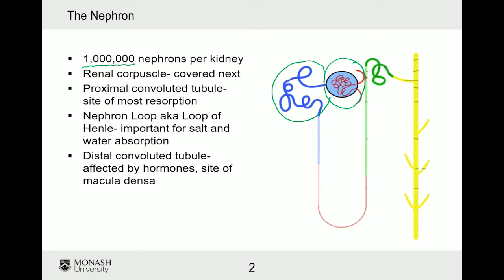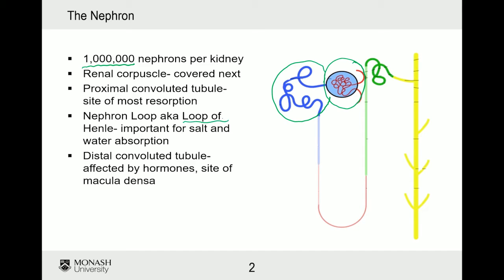Convoluted means goes around and around. Like a story that doesn't really have much sense to it, that's a convoluted story. So the proximal convoluted tubule is near the renal corpuscle, goes around and around in lots of loops, and is a tubule, or a type of vessel, a hollow structure.